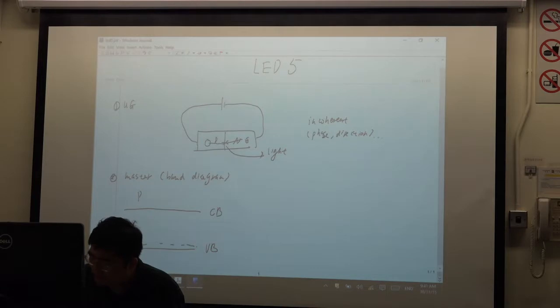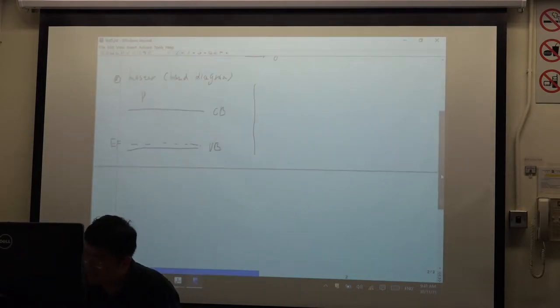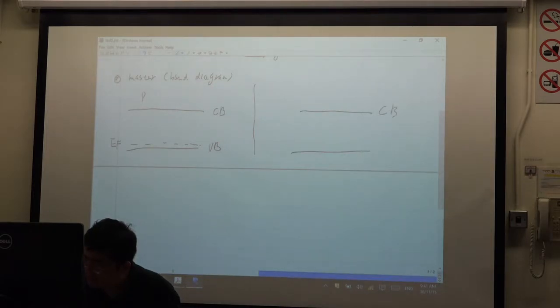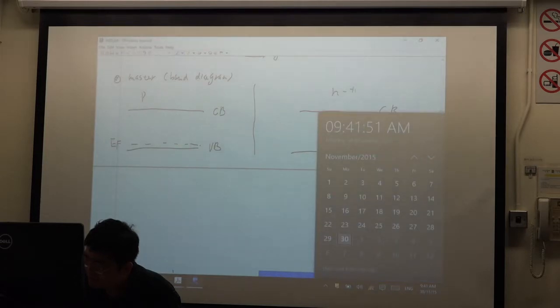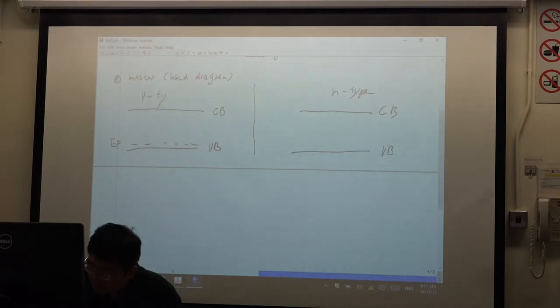This is for P type material. For N-type material, there is a conduction band and a valence band. This is N-type. This is P-type, this is the Fermi level, for N-type. This is before contact.